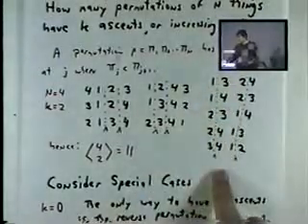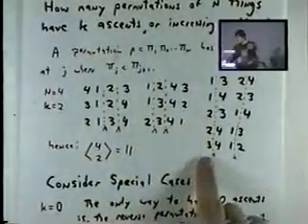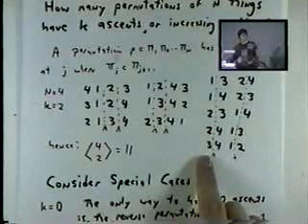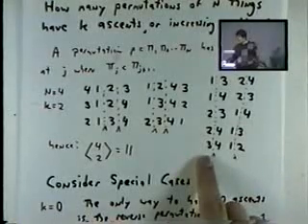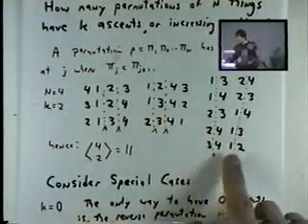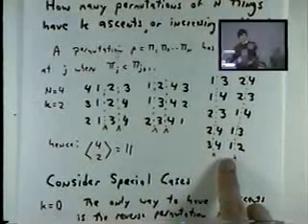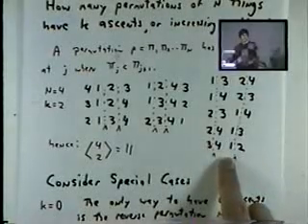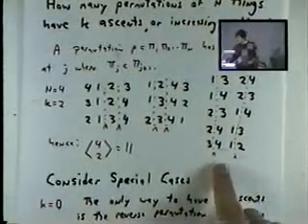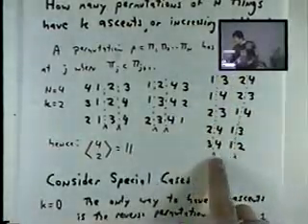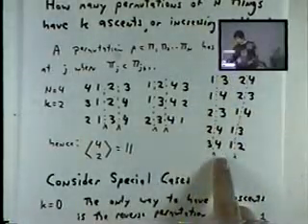Every ascent is going to have, for the first one, n minus 1 choices, and then the remaining elements bigger than that as choices for the second spot. I think it should be clear that these are all the possible choices for the first one.